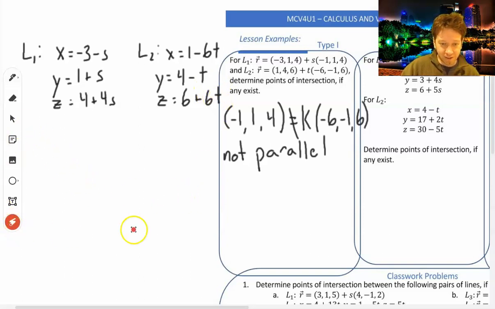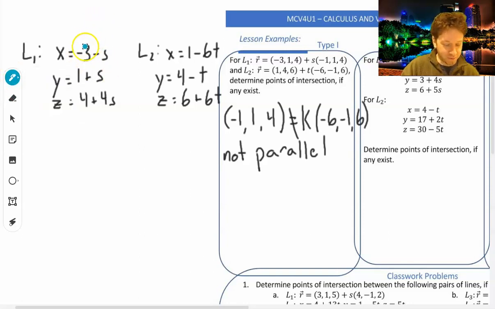All right. Now what we can do is start by looking at our x and y coordinates. If we set those coordinates equal to each other, we can solve for a value of t and s where those x and y coordinates would be equal. So let's start with that. I'm going to set the 2 x coordinates equal.